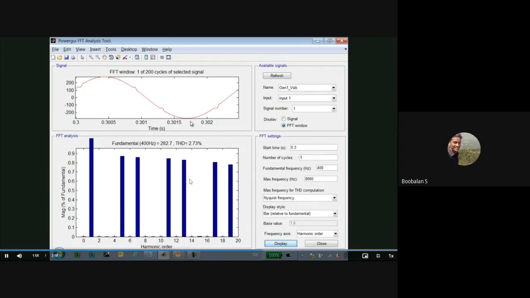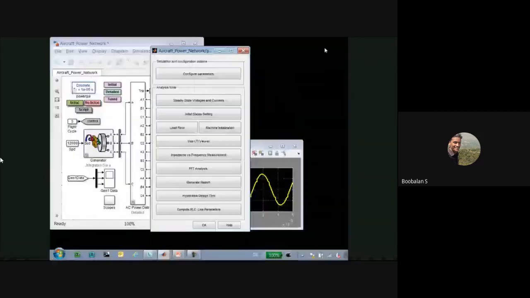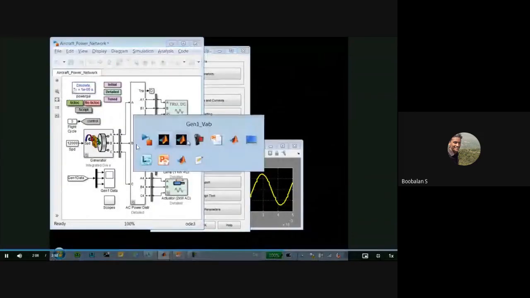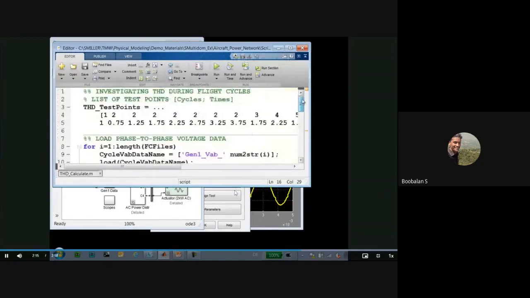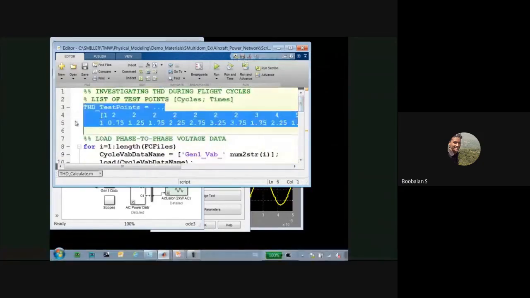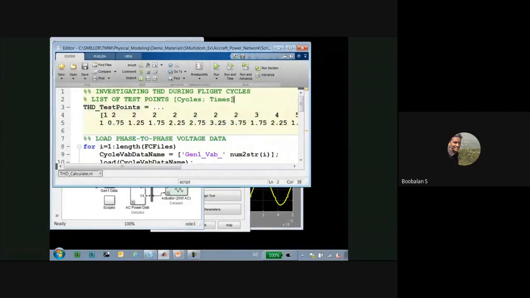This shows us how we can calculate total harmonic distortion interactively, but we would like to automate this process so we can calculate it under various conditions and at different points in our network. To do that, we'll use a MATLAB script. Here you can see a MATLAB script where we have used the command power FFT scope to calculate total harmonic distortion. Here we've specified a range of test points, so during different drive cycles at different times corresponding to conditions where we want to measure power quality.